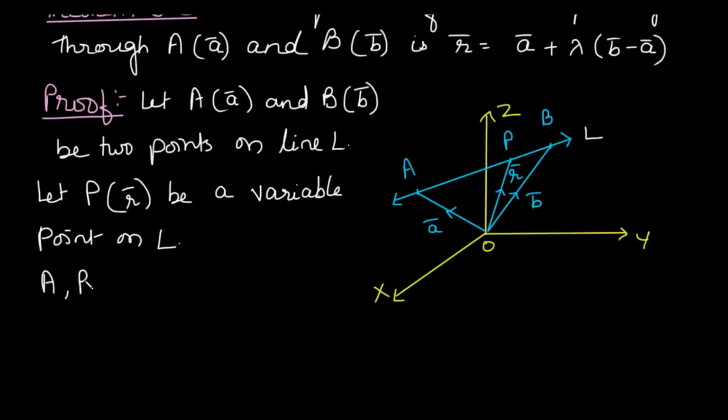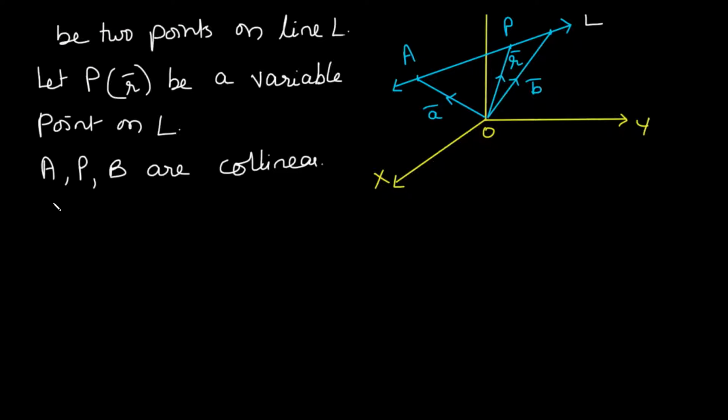So thus we use the property of collinearity. Therefore we can say that AP bar is equal to some lambda AB bar, where lambda is a scalar.